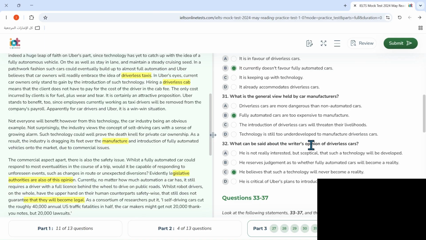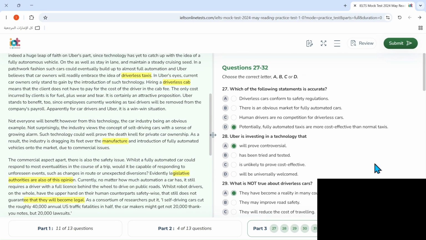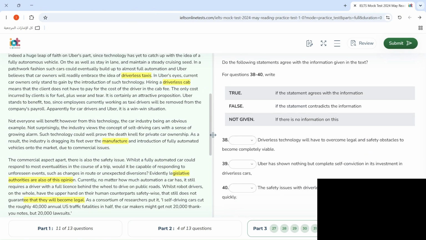Technology is still underdeveloped to manufacture driverless cars. Fully automated cars are too expensive to manufacture. Okay. Driverless technology will have to overcome legal and safety obstacles to become completely viable. So this is true.